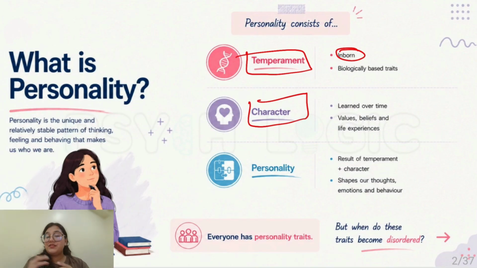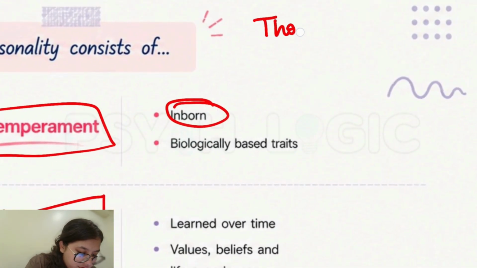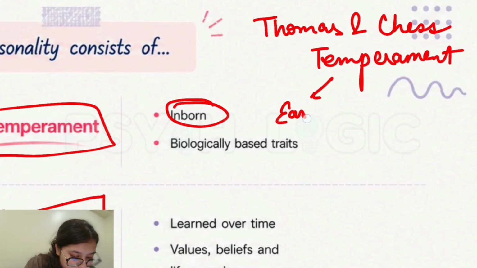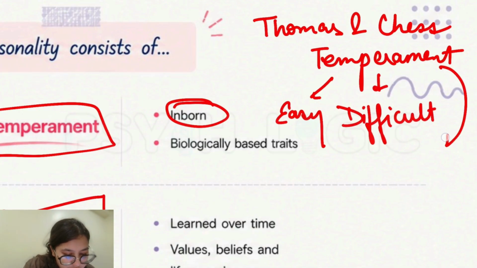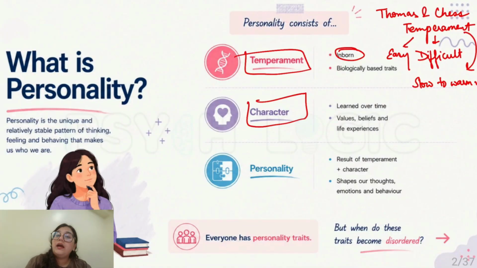So if you have studied developmental psychology, you might remember Thomas and Chess's three temperament types, known as easy child, difficult child, and slow-to-warm-up child. So that is exactly what we are talking about here. These traits are inborn, and that is known as temperament.